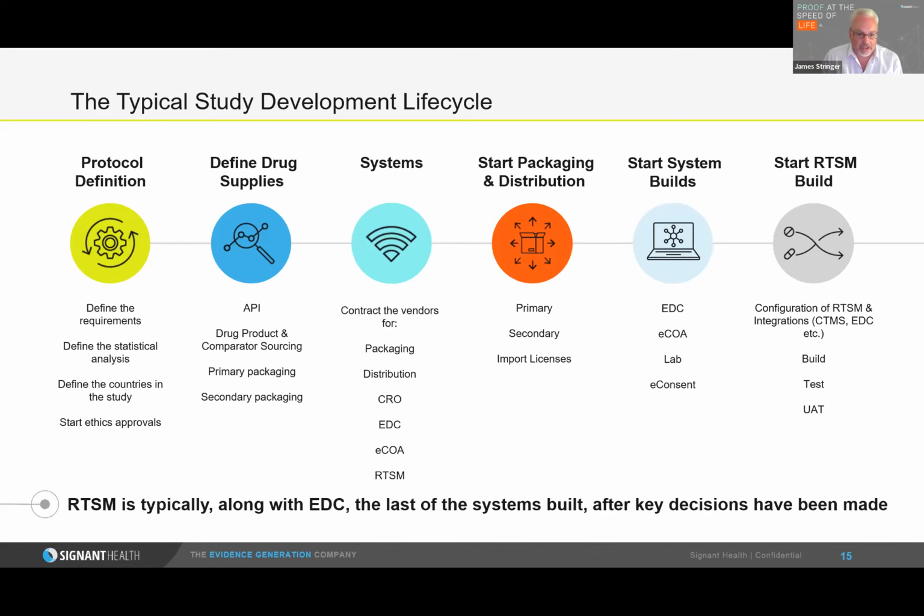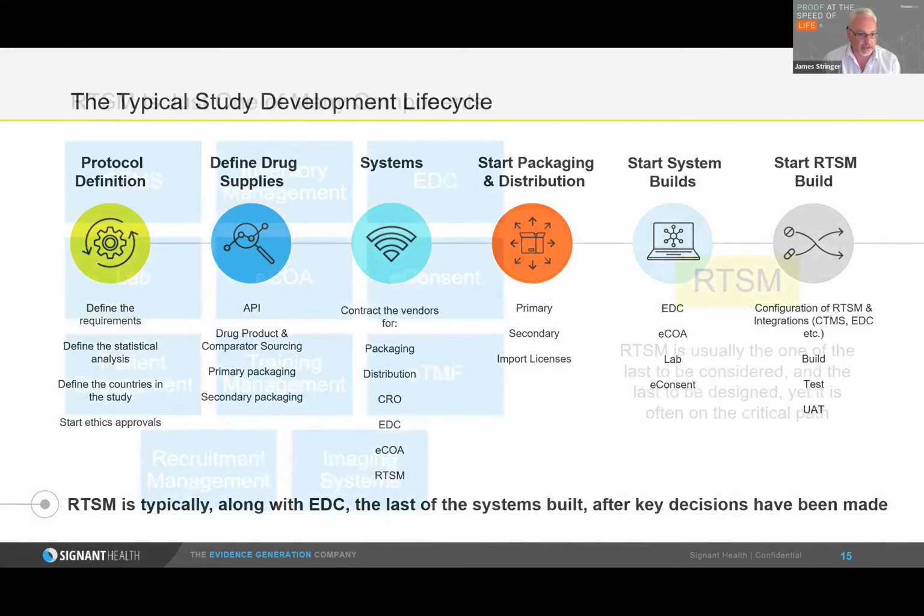The key thing to think about is whether that's the right way to do things, or whether we should start to think about if RTSM can be involved earlier so that it can be a genuinely collaborative partner in the design of the study, rather than being at the mercy of those decisions that are taken ahead of time, which affect RTSM, but we have no role in defining. So if we can then have the next slide.